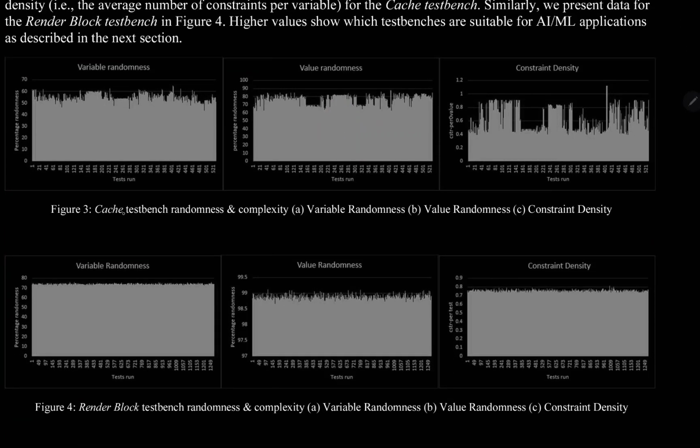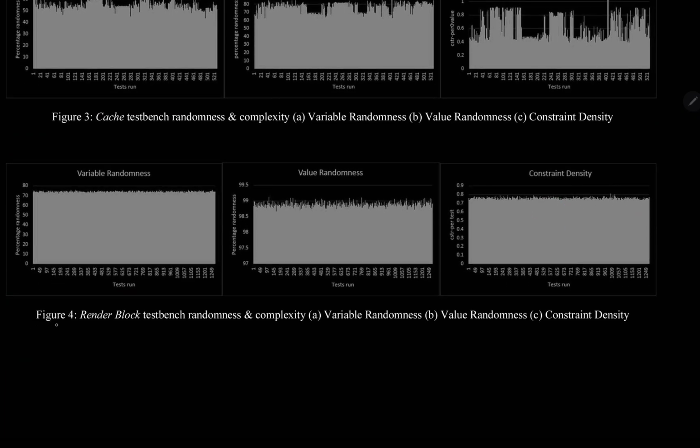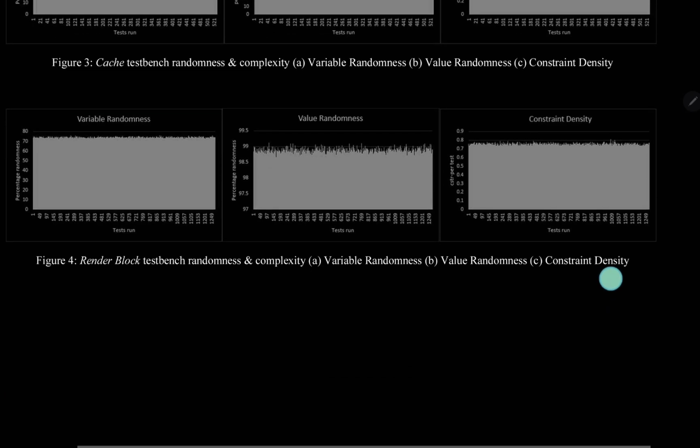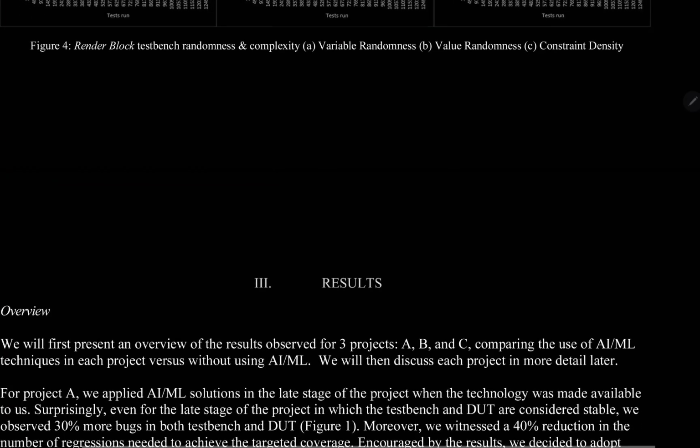Figure 3, cache test bench randomness and complexity: A, value of randomness; B, value randomness; and C, constraint density. Figure 4, random block test bench randomness and complexity: A, value of randomness; B, value randomness; and C, constraint density.